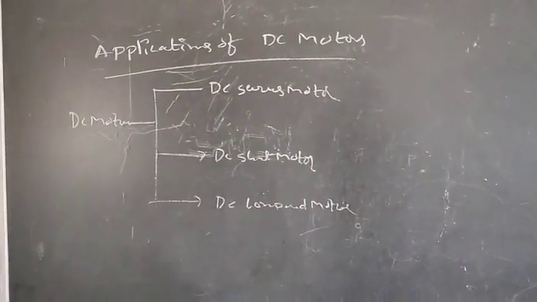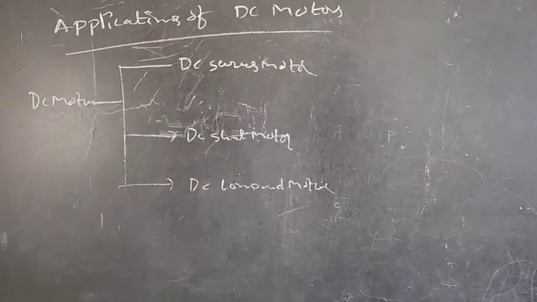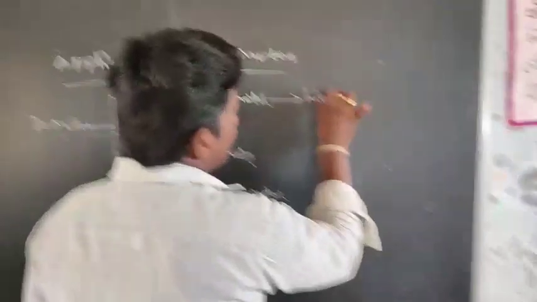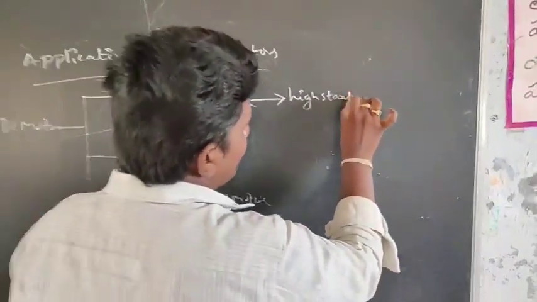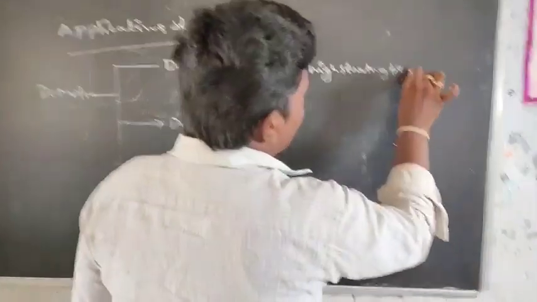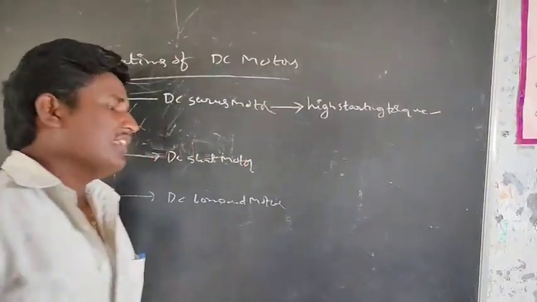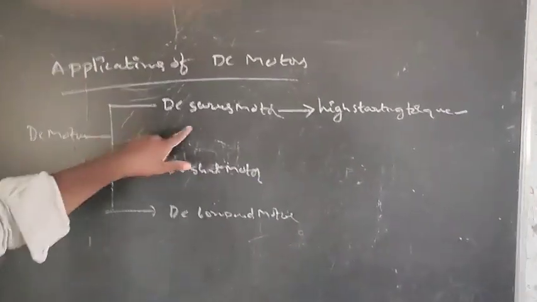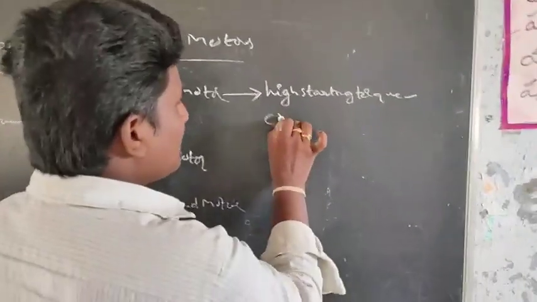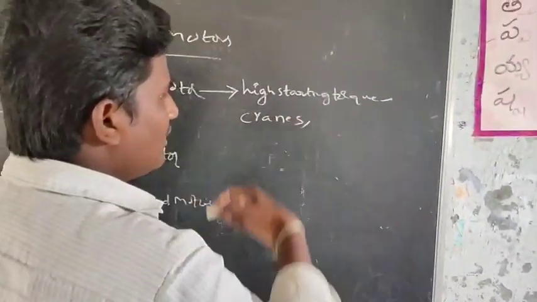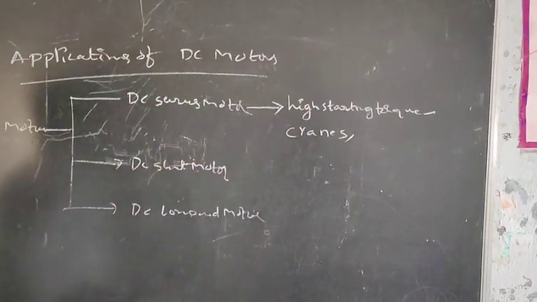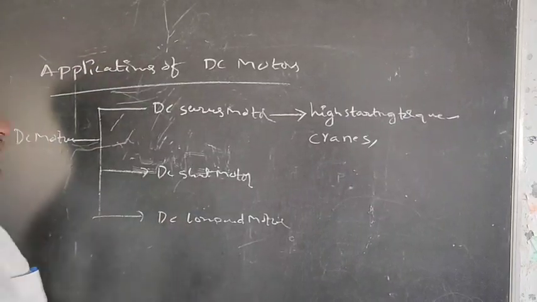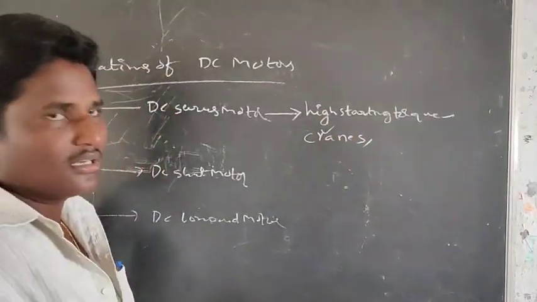As compared to other motors, the series motor has high starting torque. Wherever the application requires high starting torque, we can use a DC series motor. For example, cranes require high starting torque at the initial stage, so we use a series motor.